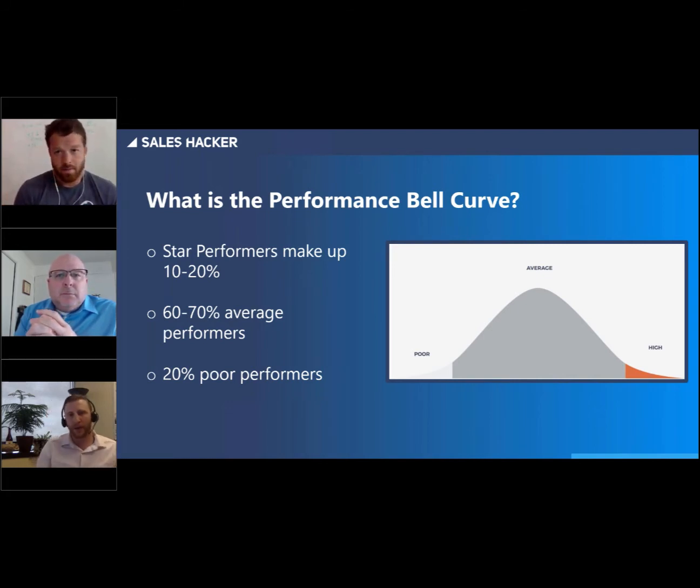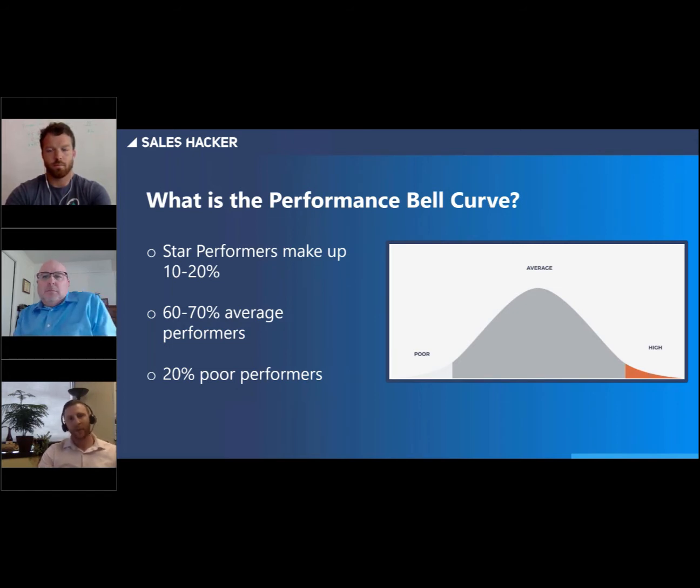Yeah. So I think the bell curve speaks to where your reps live: the best, the middle, and the bottom. What was interesting when I started to analyze it is where the time is spent. When I think of a sales pipeline and where individual contributors are spending time throughout the day, it's the whole 80-20 rule: 80% of the time is spent on the top 20% of the ops.